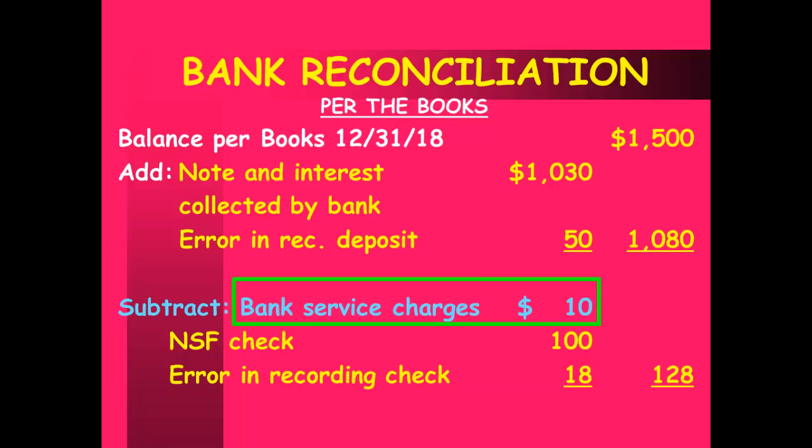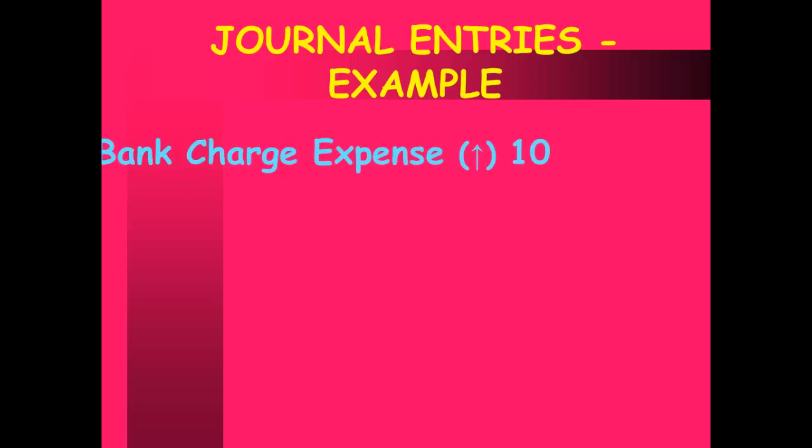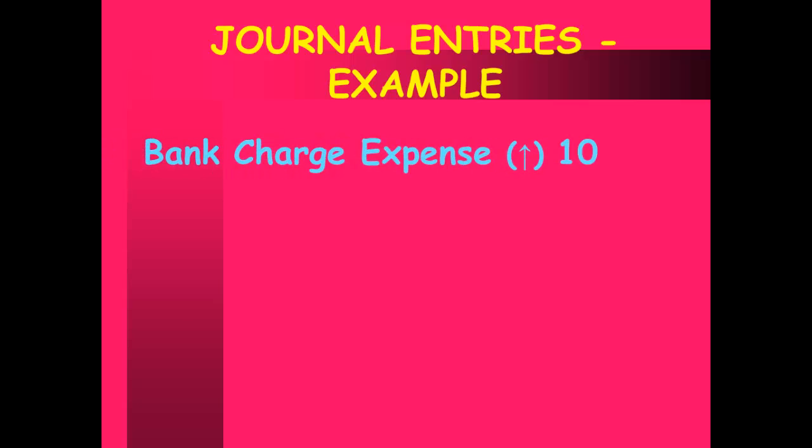Let's look at the items that we're going to subtract from my books on the reconciliation. Bank service charges is the first one. $10 in bank service charge. What account do we debit for my bank service charges? An expense, exactly. And I'm going to call it bank fee expense or bank charge expense. Either one's fine. I believe in your homework, if I remember correctly, they may call it miscellaneous administrative expense.